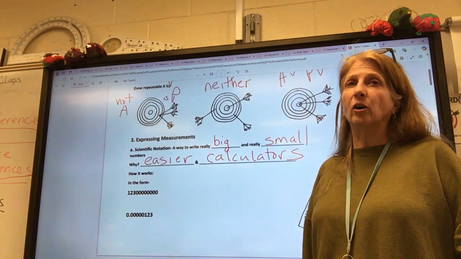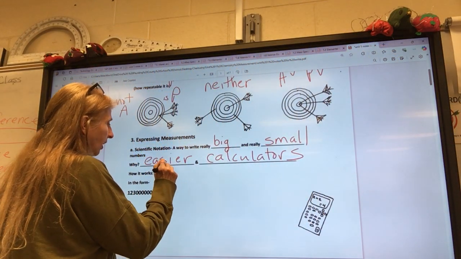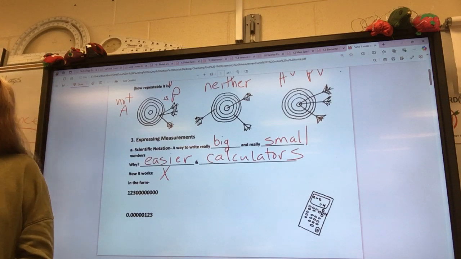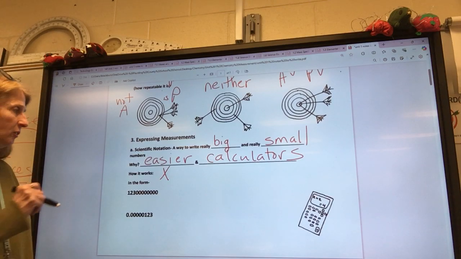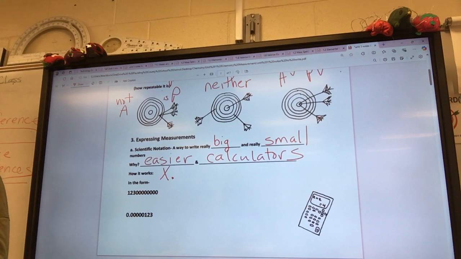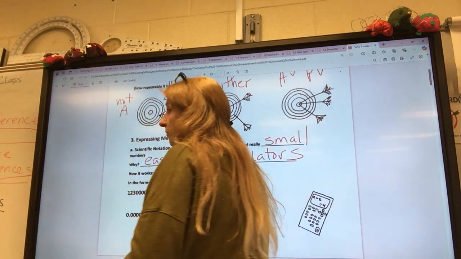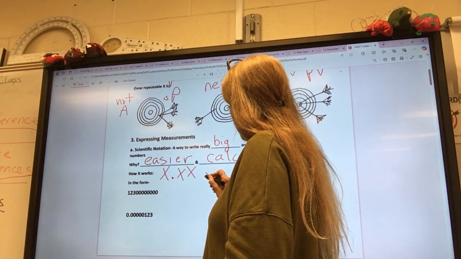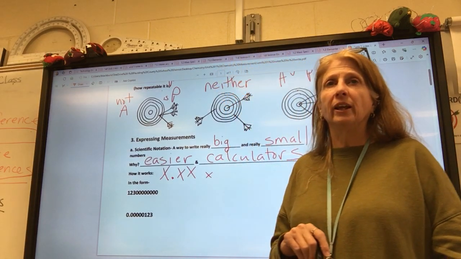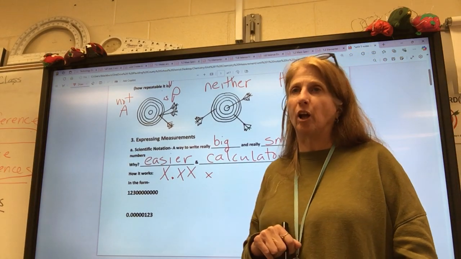Okay, so this is how it works. Okay, so the form is 1 non-zero digit, then a decimal point, then any other non-zero digits, then times, and you know how you learned, especially by 9th grade, that we don't use x for times anymore.